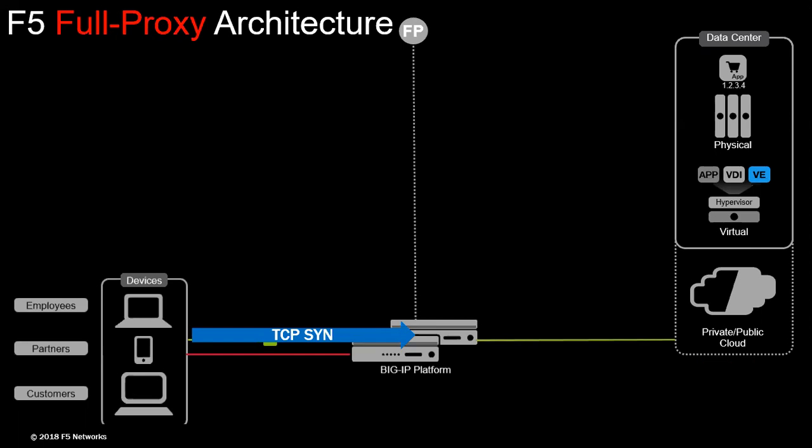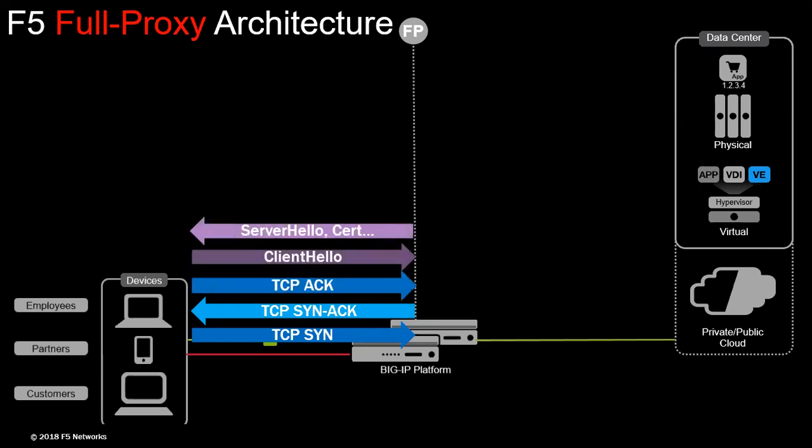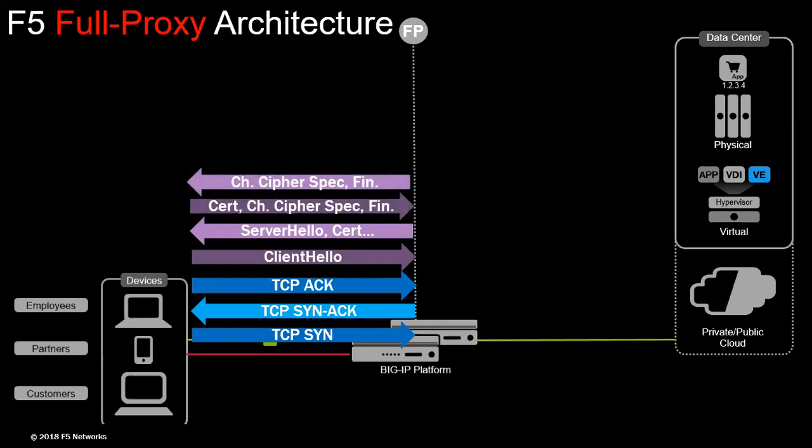So for instance, there's a request from an employee, partners, or customers. This establishes a three-way handshake with the F5, and all other communication is done first. The exchange of server authentication and all that is done first before the client sends the GET HTTP version 1.1 request to the F5.